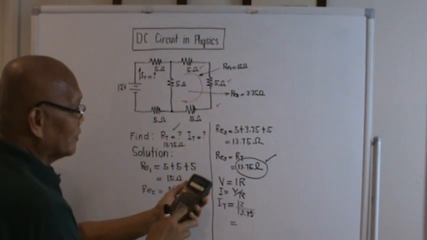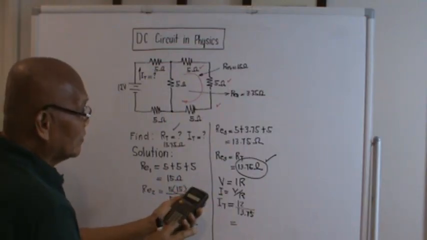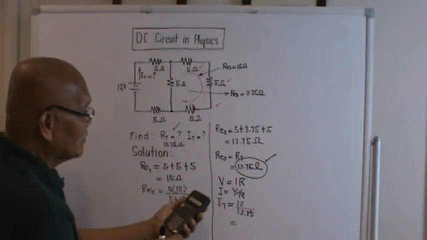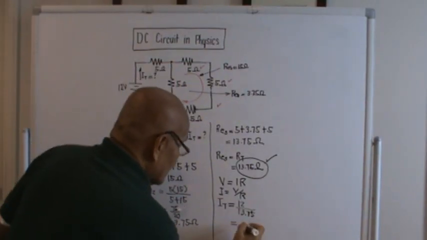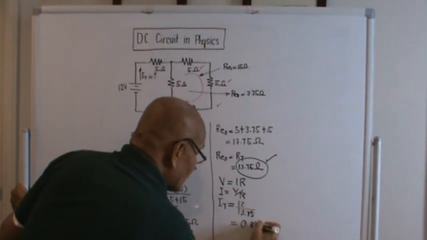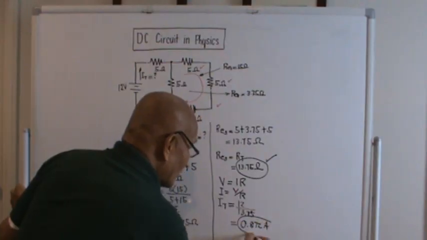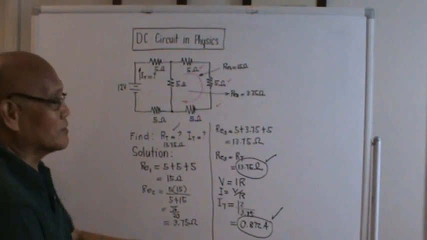So 12 divided by 13.75, what comes out is 0.872 amperes. So the total current drawn will be 0.872 amperes.